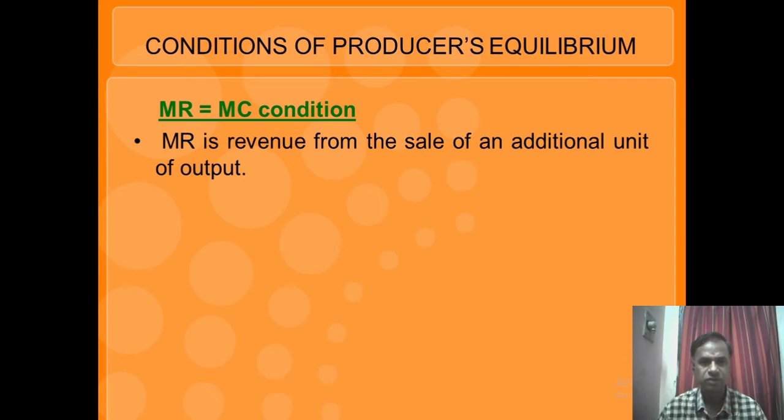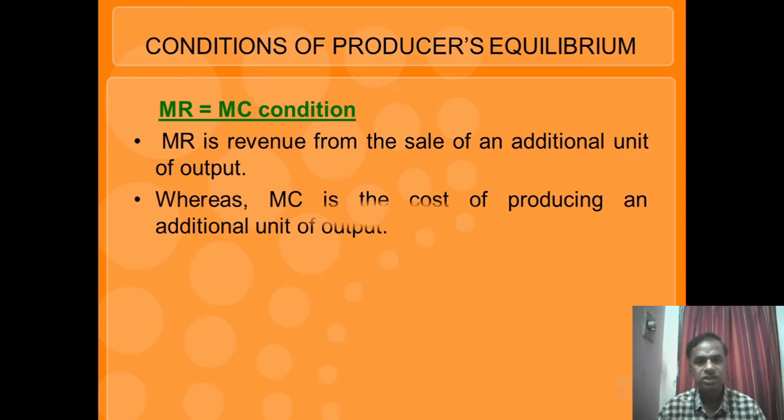Marginal cost is the addition to the total cost from the production of one more unit of the commodity.